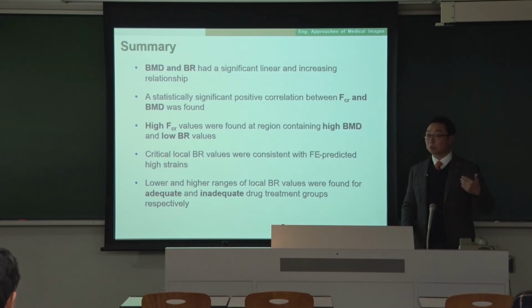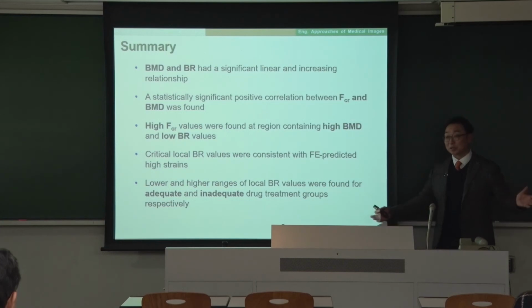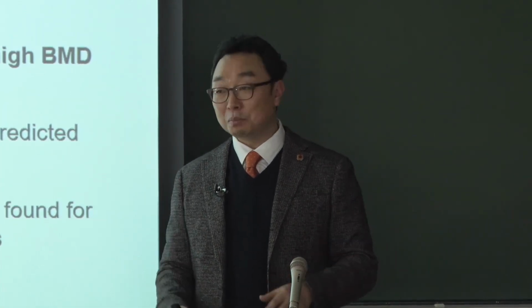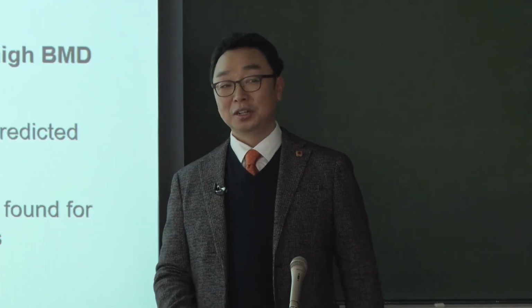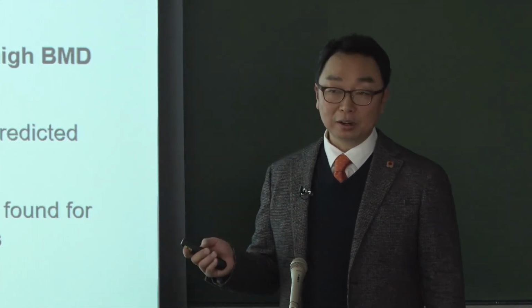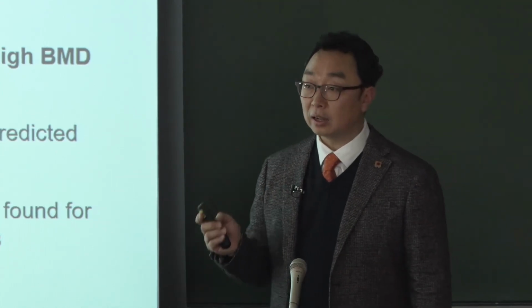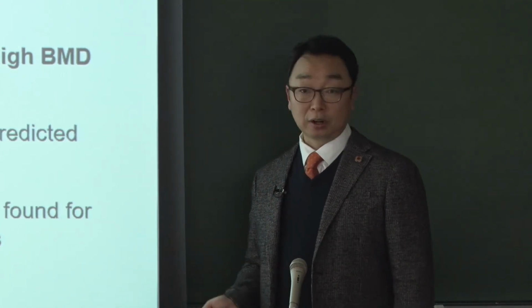Increasing bone mineral density doesn't mean that your bone is getting stronger, and vice versa. Even though your bone mineral density is decreasing, which will happen to all of us sooner or later, that doesn't mean that we'll have a fracture. So we have to use more rigorous technology to understand, predict or diagnose femoral neck fractures.